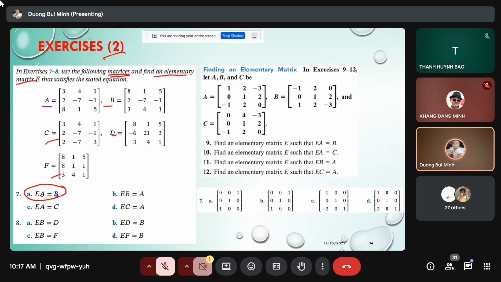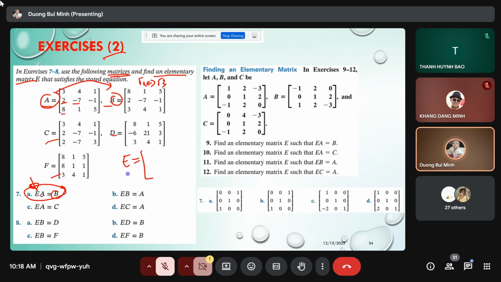We know A, we know B, and we would like to determine E. So from A to B, what kind of elementary operation do we need? Look, this is 2, -7, -1, and this is 1, 5. That means we interchange R1 and R3, and you can get B.